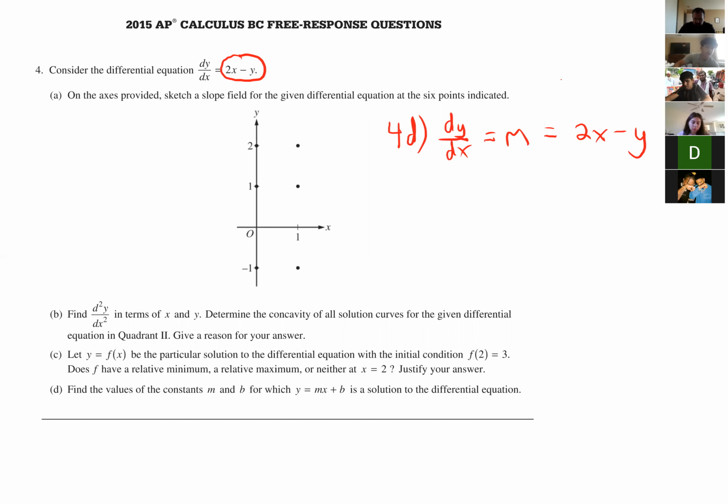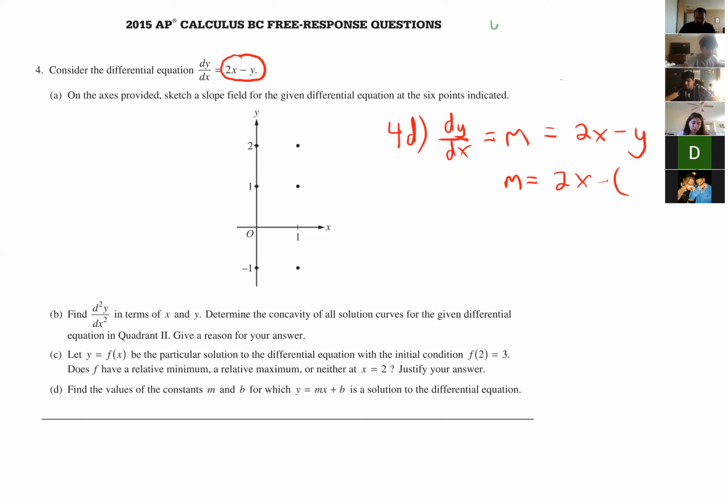So if I'm solving for m, I'm going to say m equals 2x minus y. We can use the fact that y equals mx plus b.